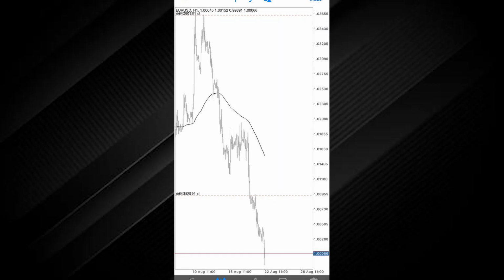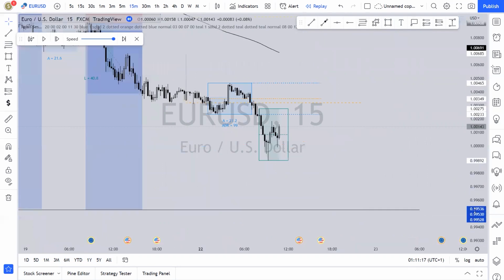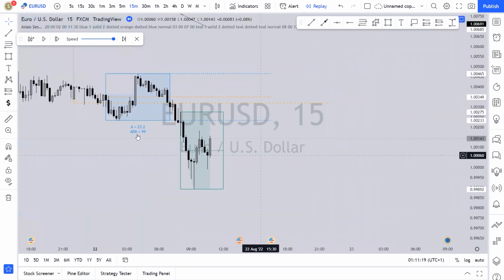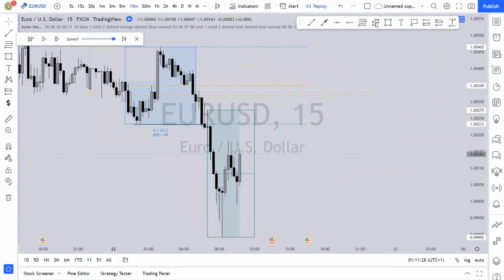All right, so price started presenting a kind of narrative. I still had a zone spotted there for us to enter. So this was the Asian low taken out already, price giving intent to the downside. Then of course we had a zone right here.